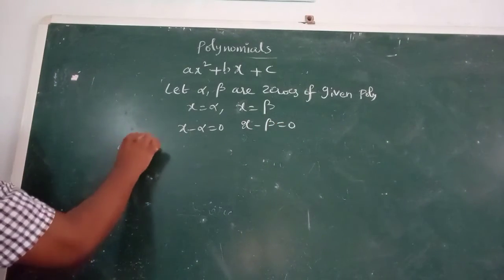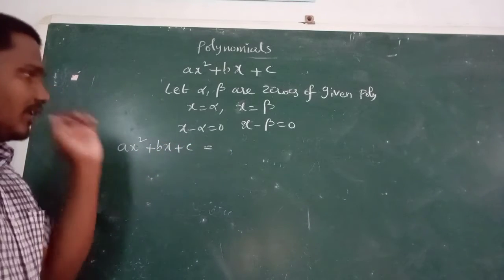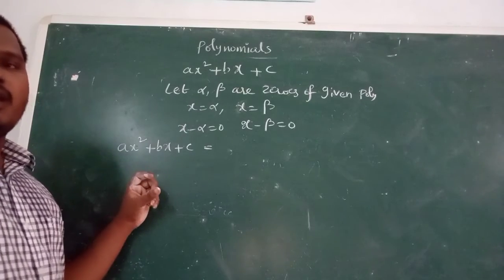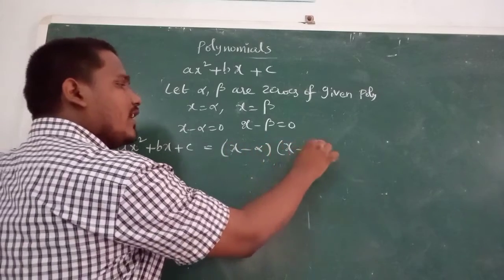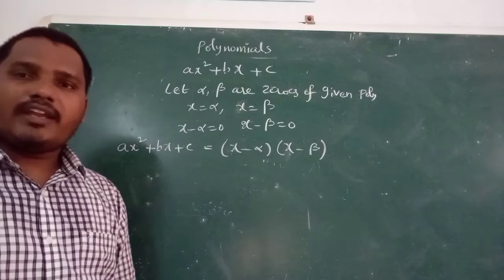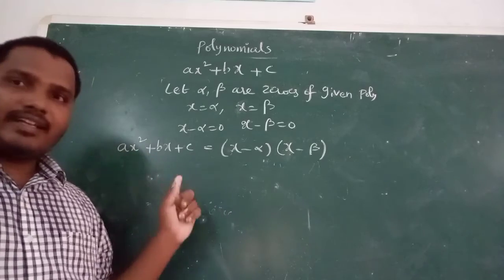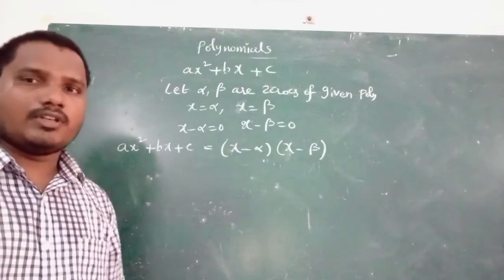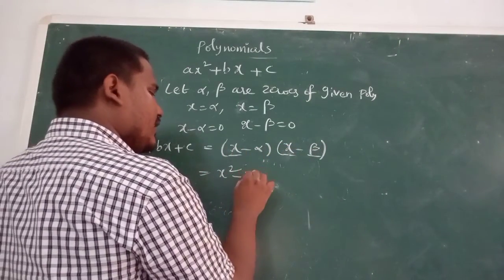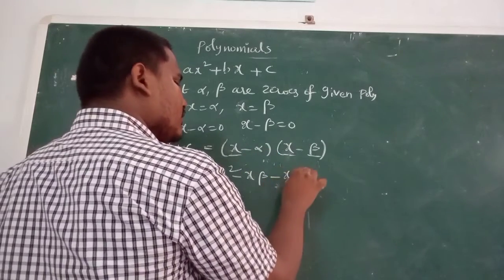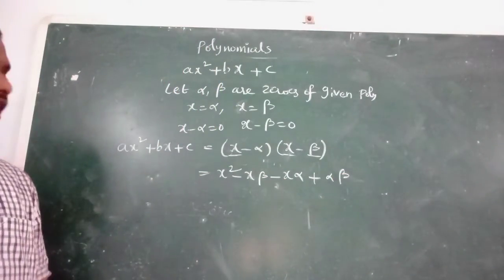Then ax square plus bx plus c can be written as x minus alpha into x minus beta. Multiplying x minus alpha and x minus beta, we get x into x square, x into minus beta is minus x beta, minus alpha into x is minus alpha x, and minus into minus plus alpha beta.